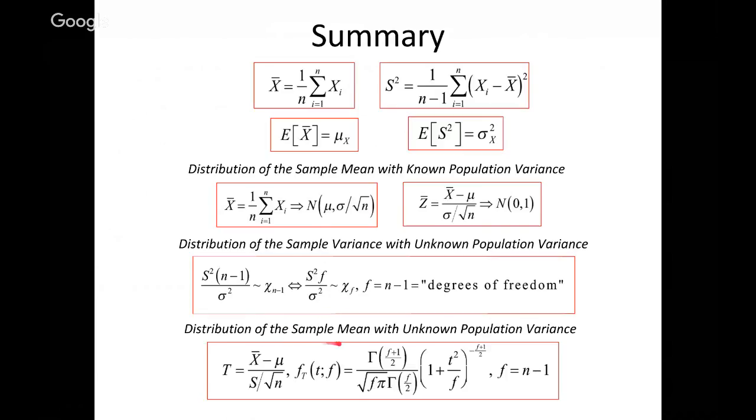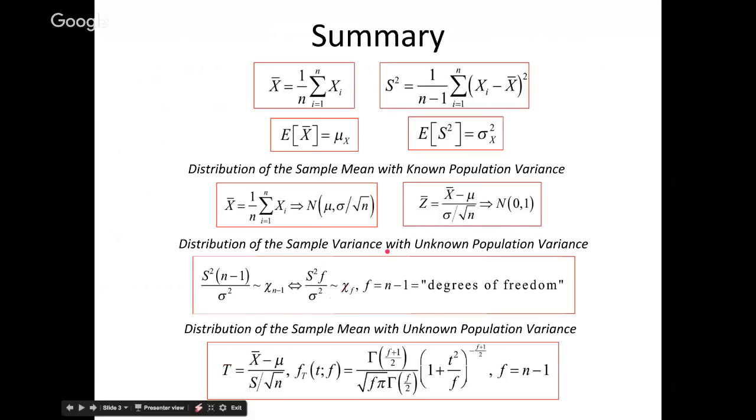Likewise, the sample mean with unknown population variance can be represented by the t statistic. All we've done is take the z statistic here, and substitute for the population variance, which we don't know, the sample variance, which we can calculate. When we do that, we change the distribution.